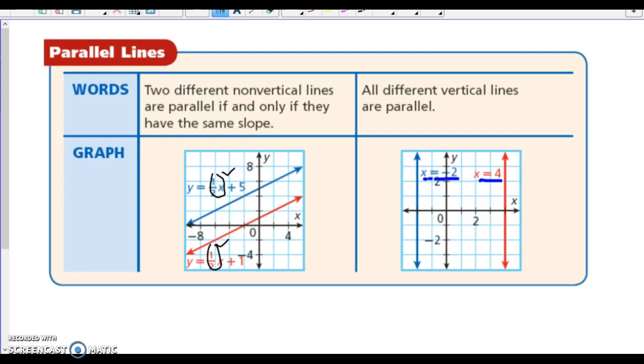We know there's no y, it's not a function, it doesn't pass the vertical line test, and that value that x equals is the point on the number line where the vertical line passes through. In the case x equals 4, we go out 1, 2, 3, 4, and that's where our vertical line passes through the x-axis. X equals -2, we go -1, -2, and that's where the vertical line passes. All vertical lines are parallel.